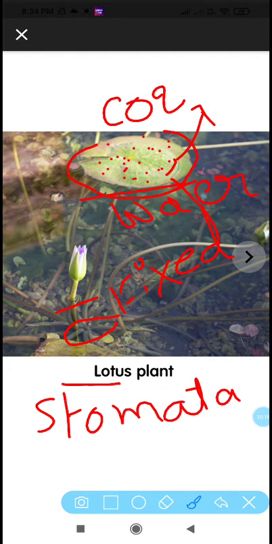So it can do respiration easily with the help of stomata. Understood, children? So these are called fixed plants.